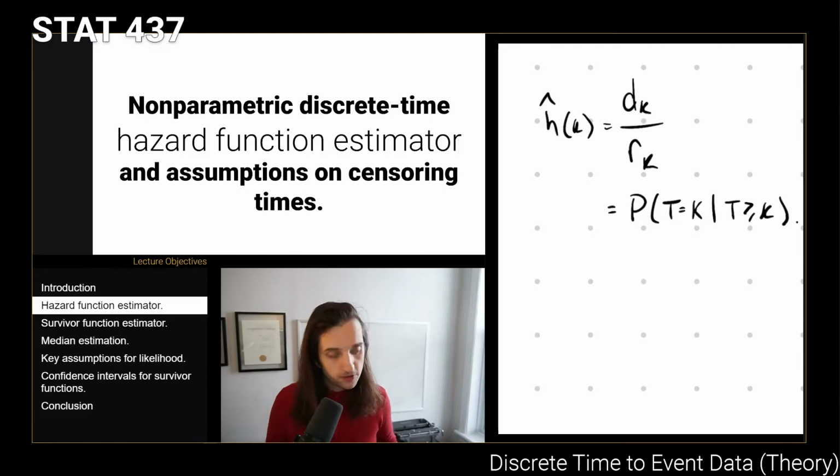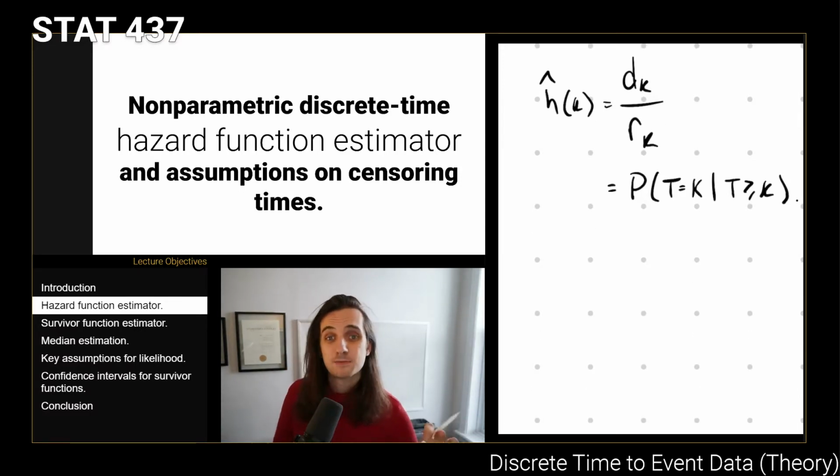In order for this estimator to be valid, we've actually implicitly made an assumption about it. It's not a big assumption. It's a fairly reasonable assumption, but it is an assumption nonetheless, and we should talk briefly about it. The basic premise is that if an event occurs at the same time that censoring would occur, we assume that censoring occurred very slightly after the event.